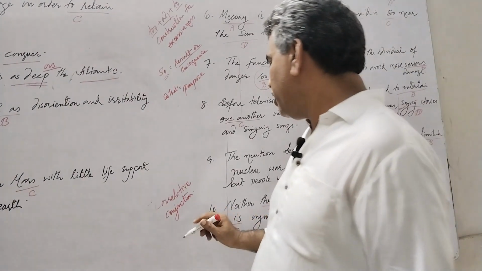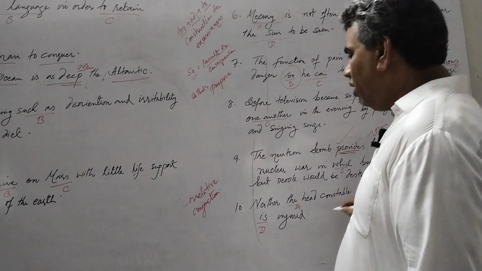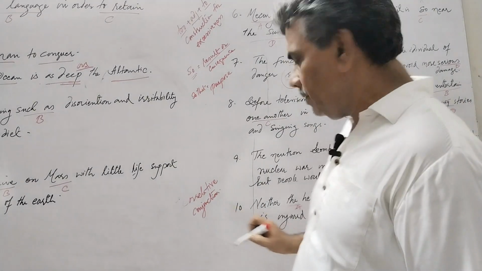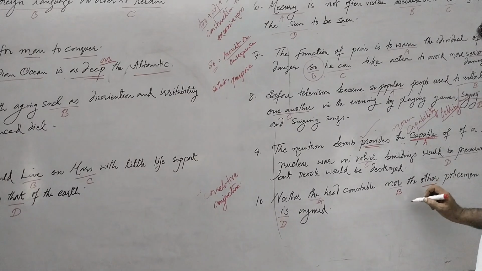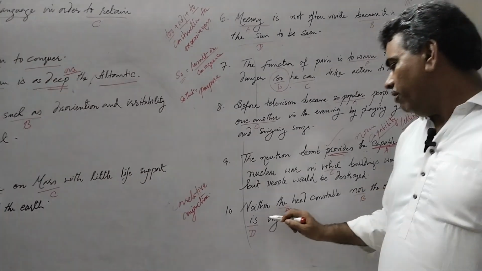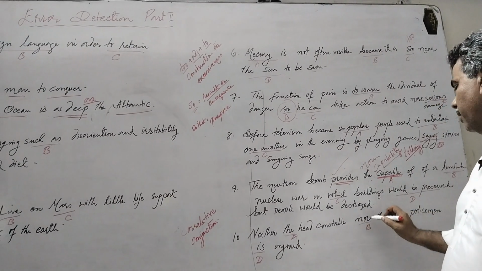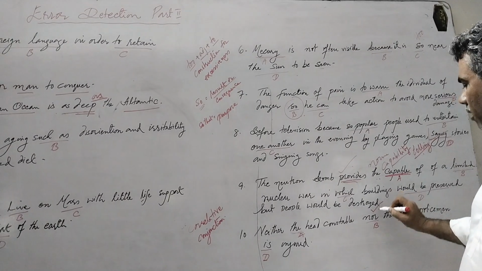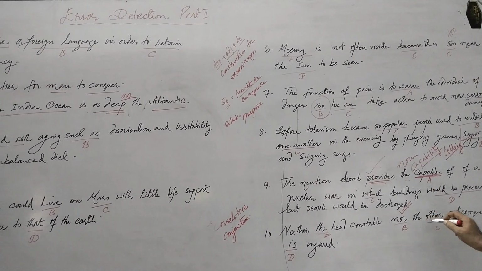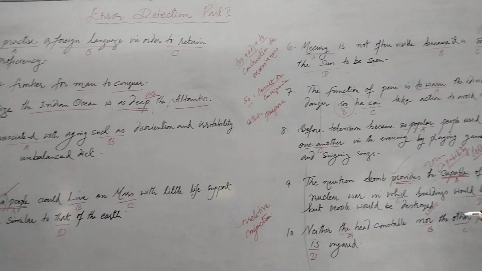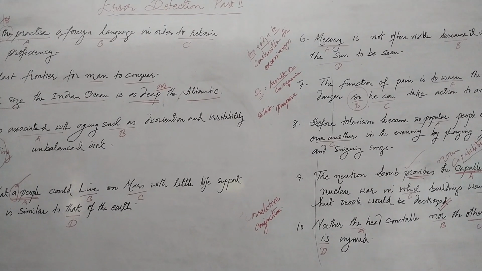Now we have a construction of neither and nor. They are correlative conjunctions. When we use these correlative conjunctions, we always use the verb according to the noun after the word nor. Now after the nor we have other policemen, and we know that policemen is plural.